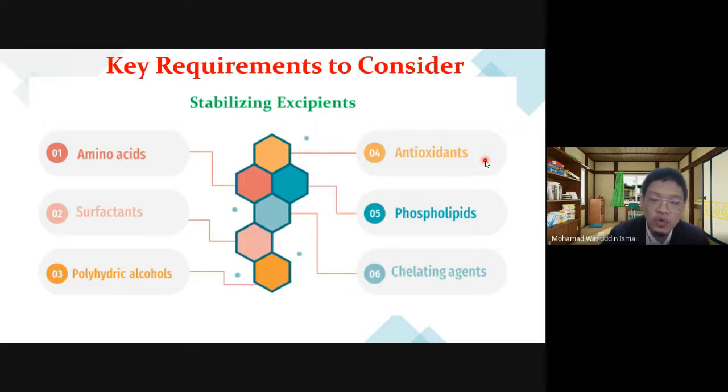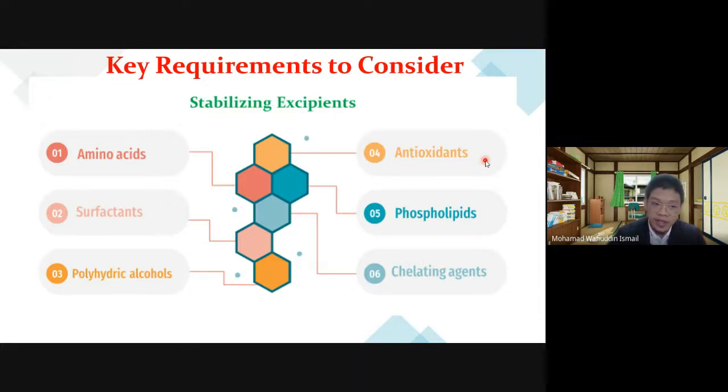To prevent these chemical reactions from occurring, and to ensure that the protein can deliver its therapeutic efficacy towards the targeted application, stabilizing excipients can be added to the formulation to ensure there are no changes and no chemical reaction within the protein to be delivered.